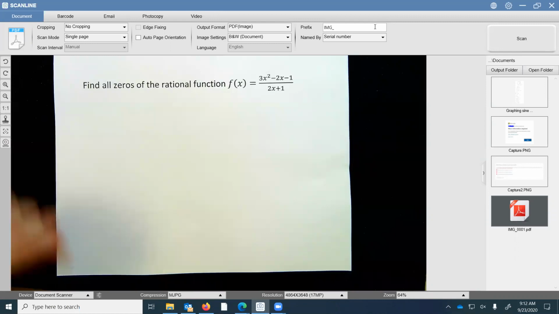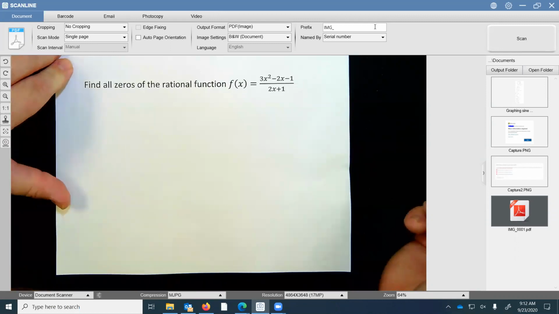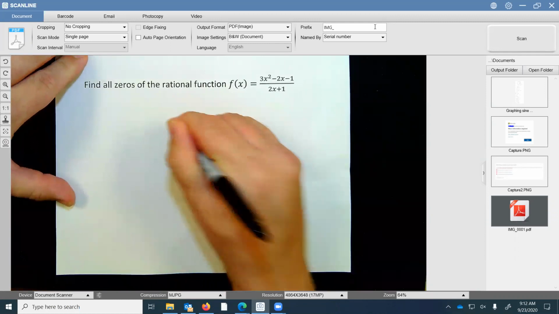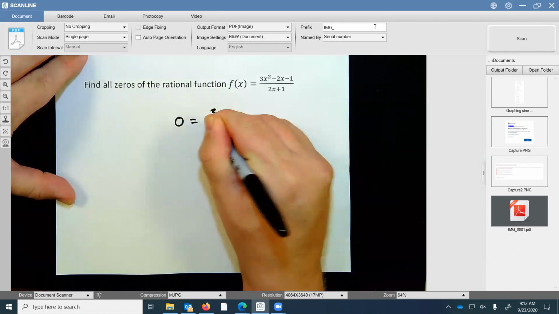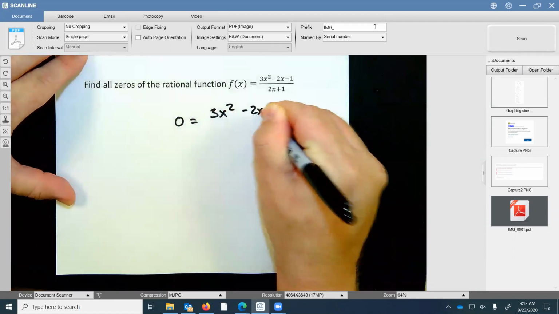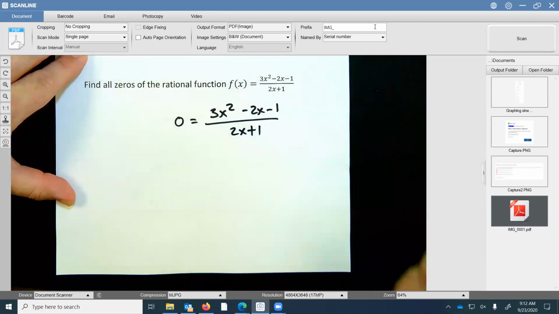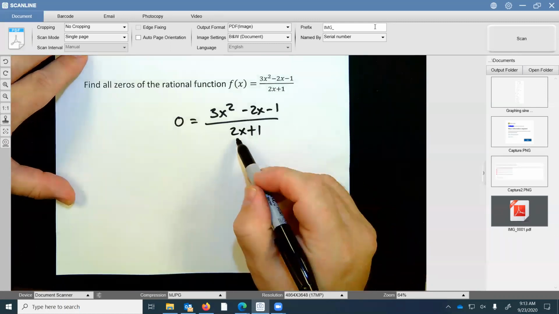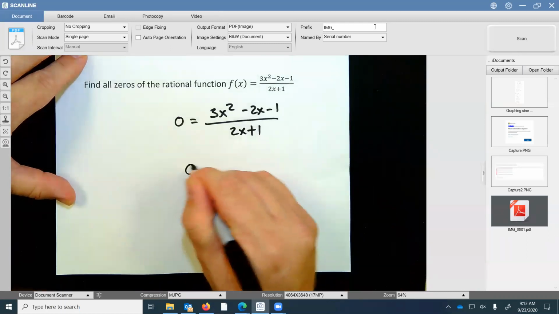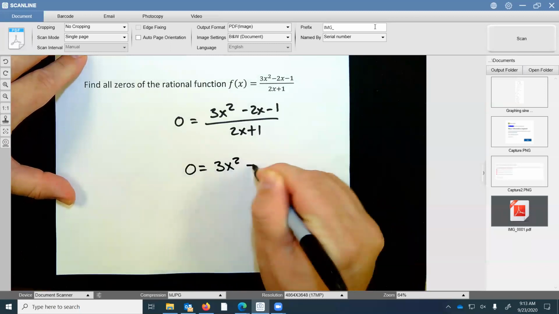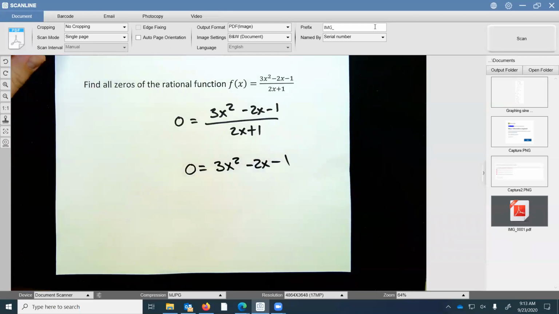Okay. So to find zeros, I just set it equal to 0. Multiply both sides by 2x plus 1, and what happened? I lost my denominator.